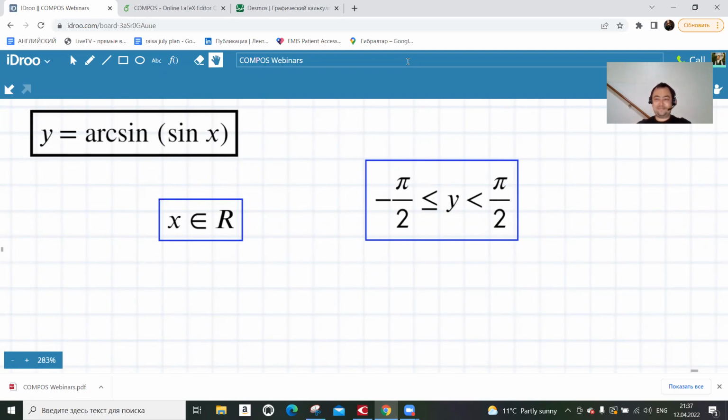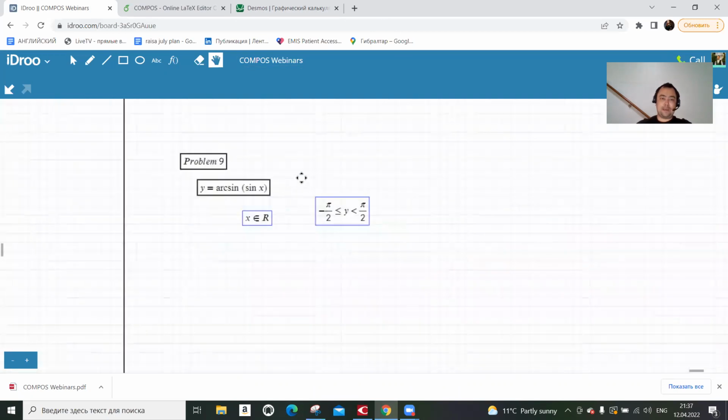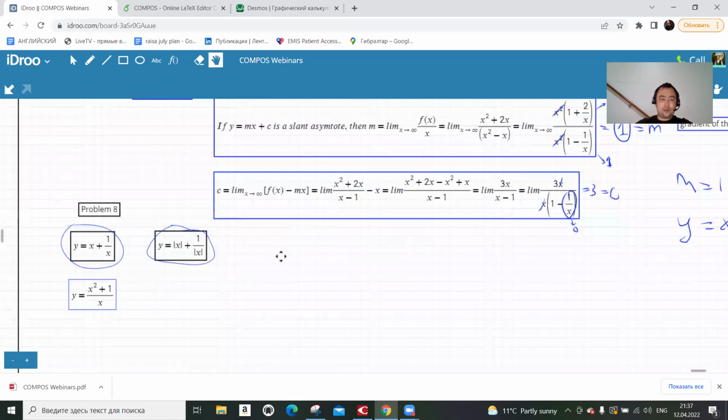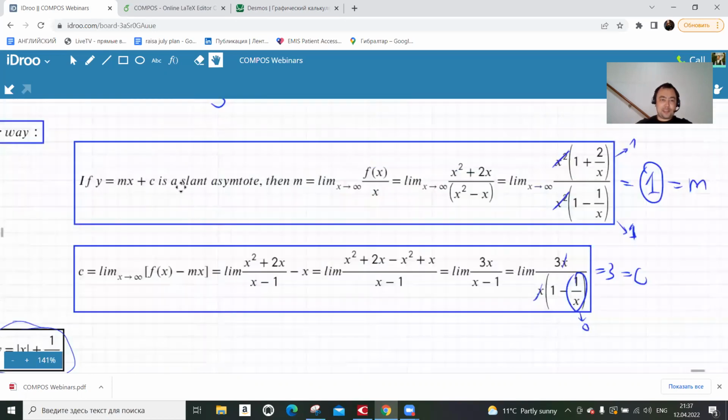Wait, I just have one question. I got confused about how you found the gradient and the intercept for the slant asymptote, the complicated way. If mx plus c is a slant asymptote, then this is a definition. Well, okay, there's a theorem.